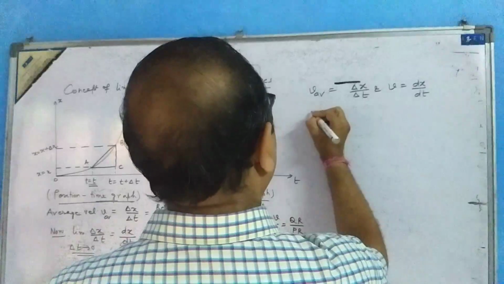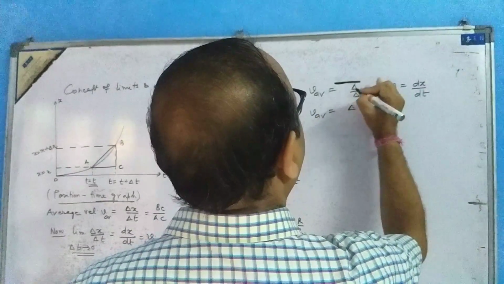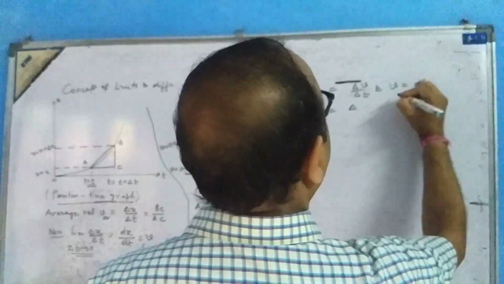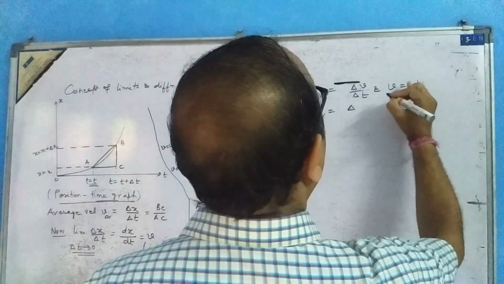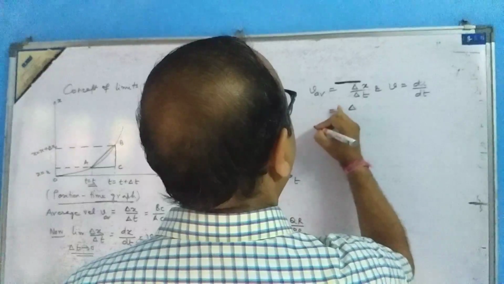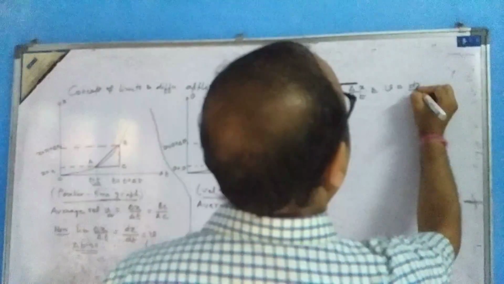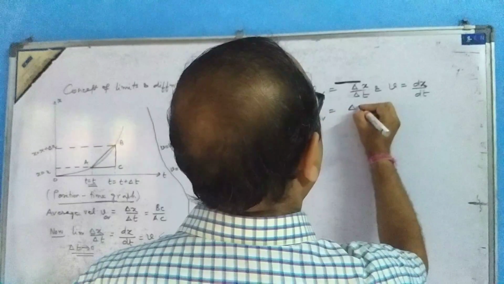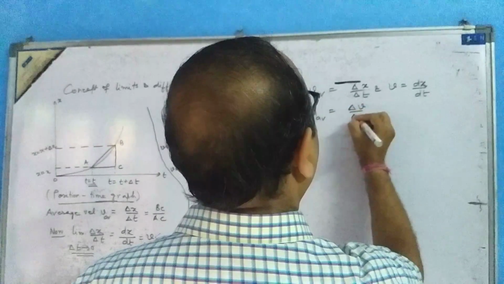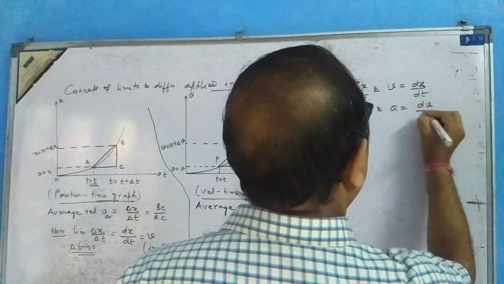Similarly, a average is equal to delta v by delta t, and the instantaneous acceleration is dv by dt.